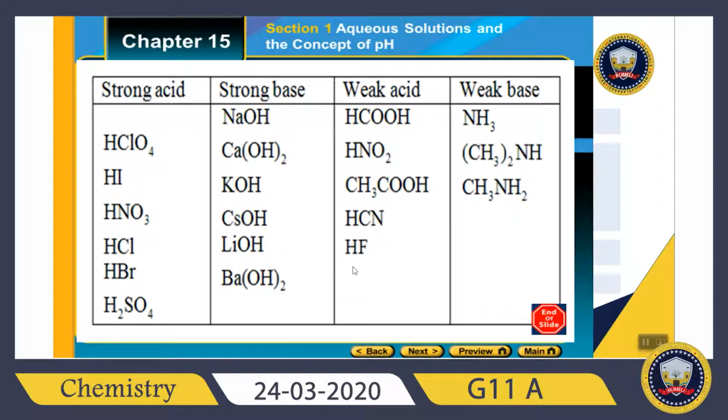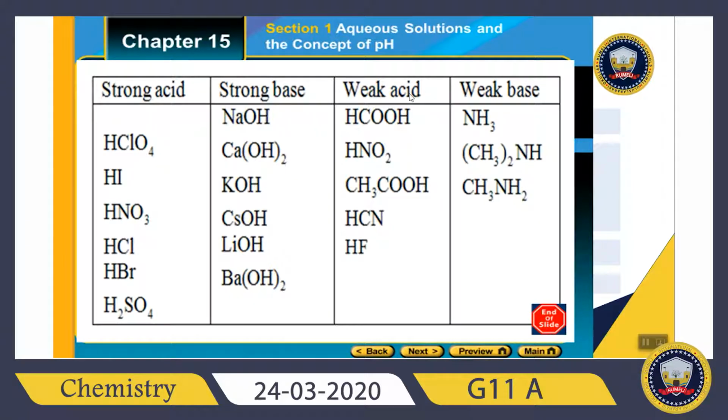Why? This is according to the electronegativity. Fluorine has the highest electronegativity in the periodic table. So the bond between H and F is very strong. So the ionization of HF in water is very weak, so it is a weak acid.